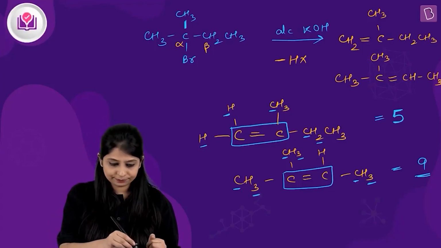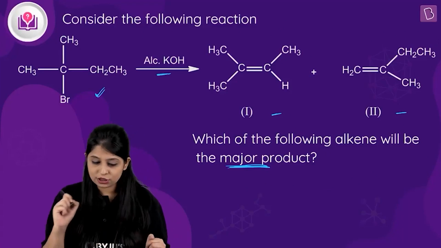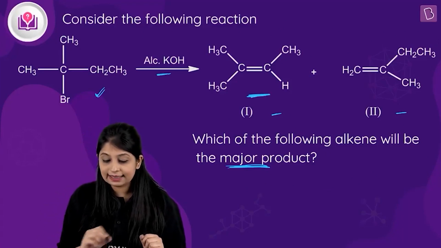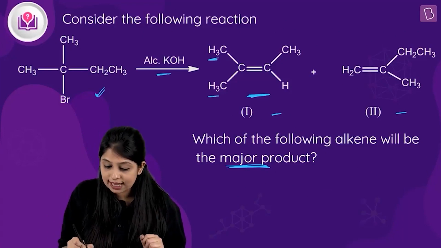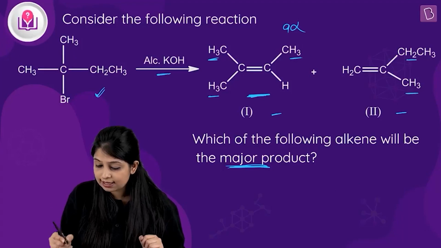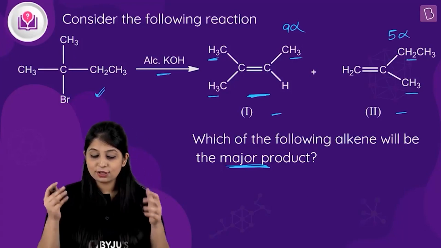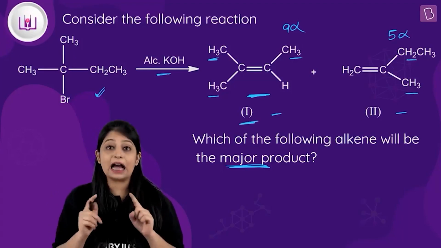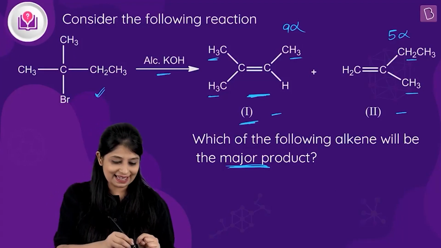Okay, so let's see which alkene is the major one. This is the alkene which has 9 alpha hydrogens, and this is the alkene which has 5 alpha hydrogens. So we know that the first product is our major product in this reaction.